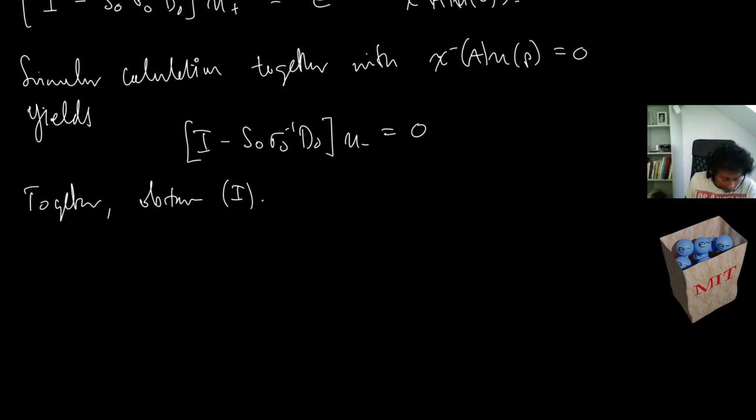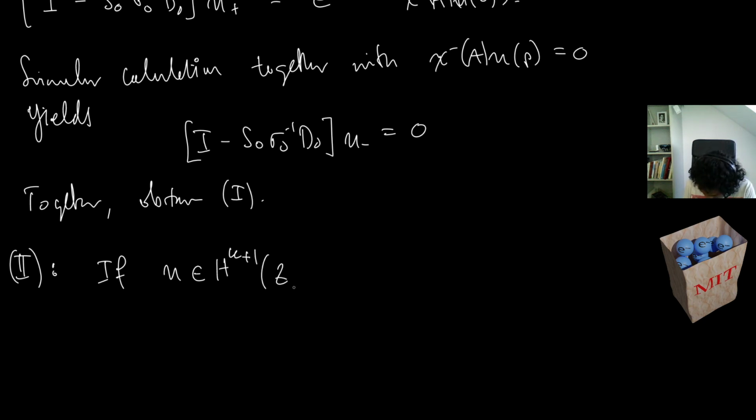So for 2, proof of 2. If we have u in H^{k+1}(Z, ρ̄; E) with values in B_0, then what do we have?